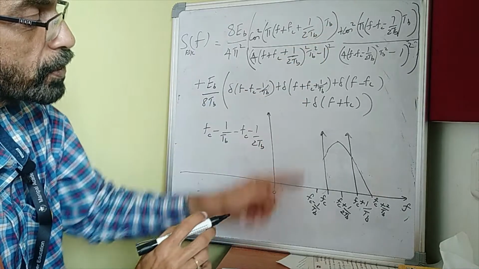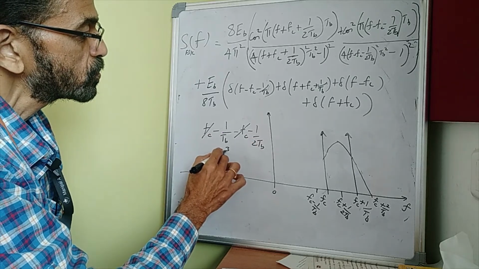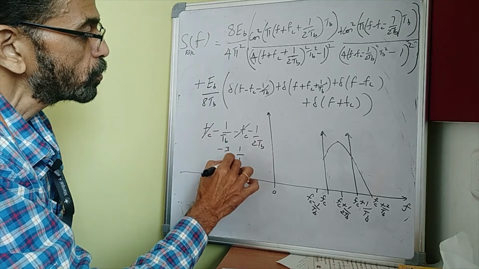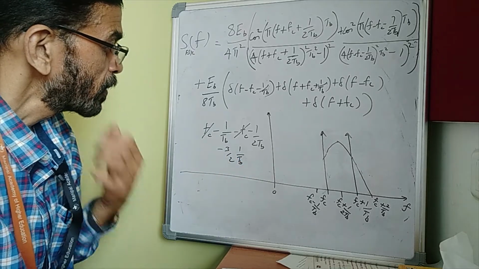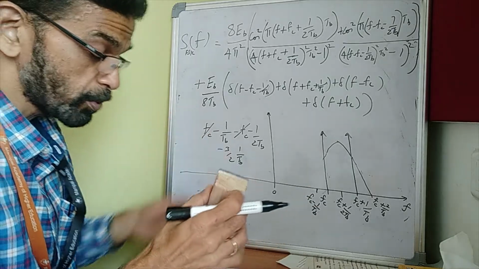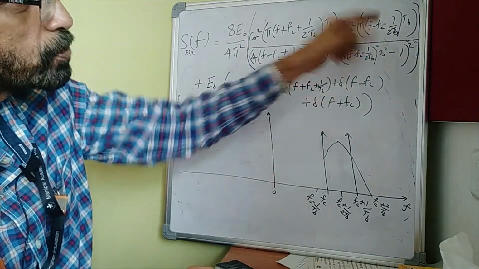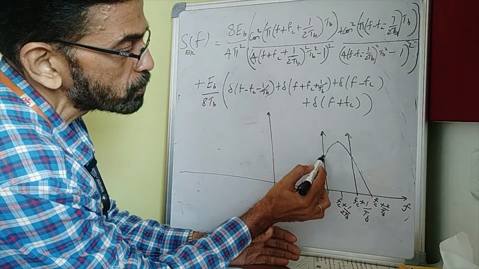So if I put f equal to fc minus 1 by TB, this is what happens, and I will get minus 3 by 2 into 1 by TB, because 0.5 and 1 gives 1.5. Minus 3 by 2 times 1 by TB is again, you will get the result as 0 when you substitute here. So the next 0 comes here.